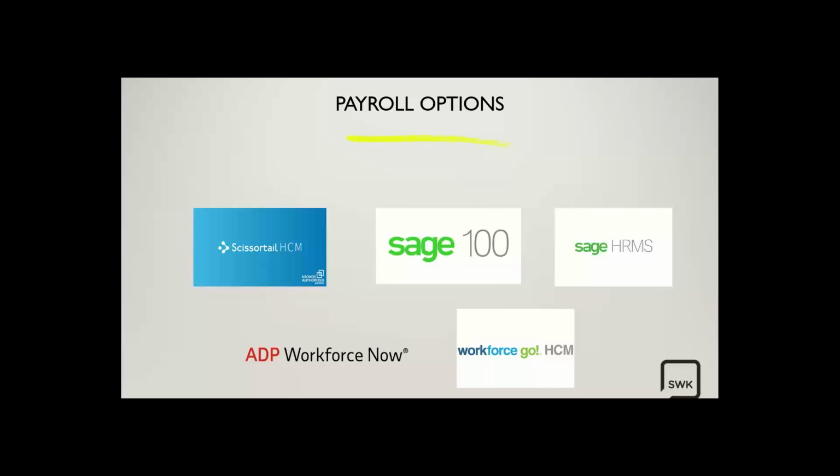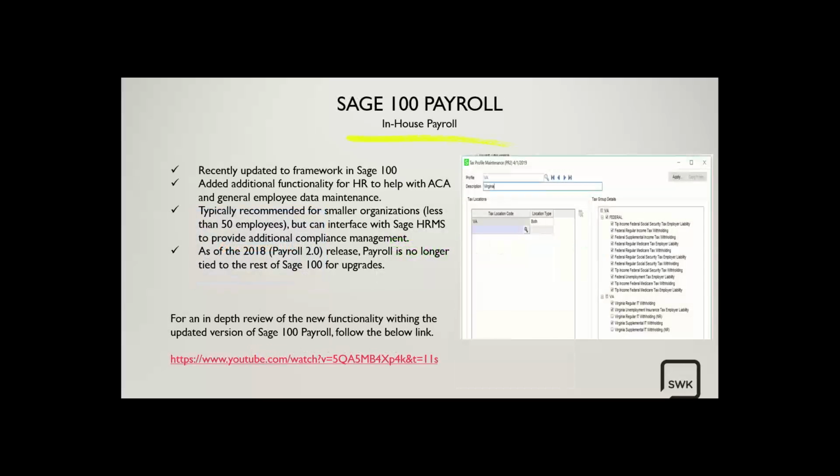So I just want to highlight briefly each of these options and where we see it fitting within our customer base. Sage 100 Payroll was recently updated to the framework within Sage 100. So you Sage 100 users will know it's now in the Business Objects framework, which allows a lot more flexibility with printing and overall usability of that particular module.